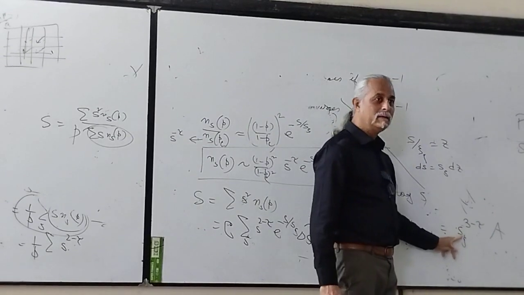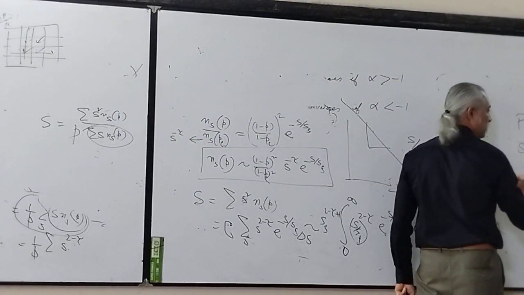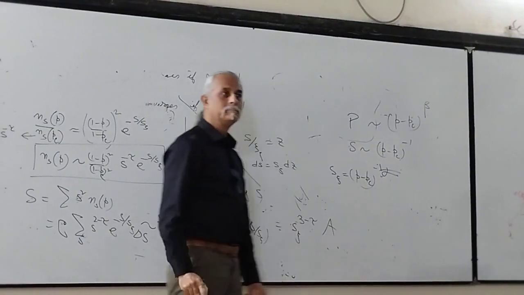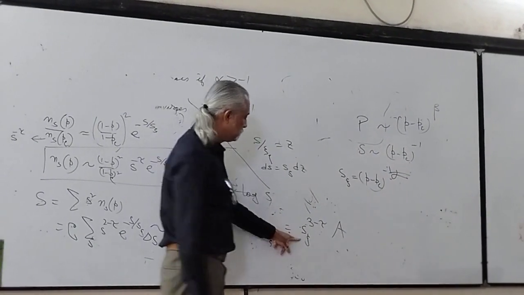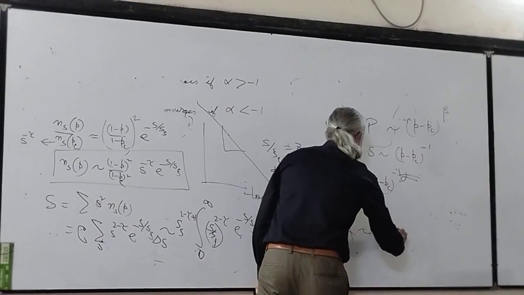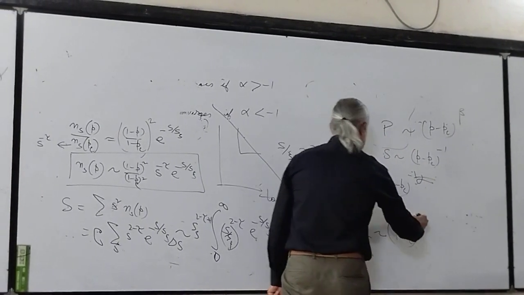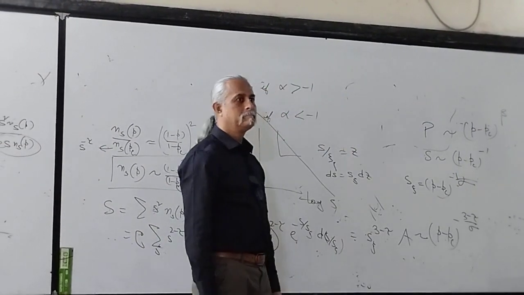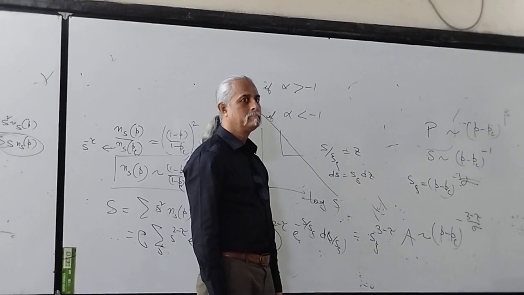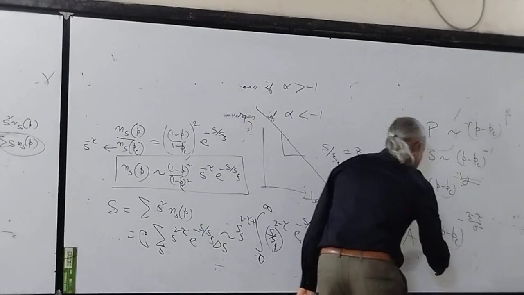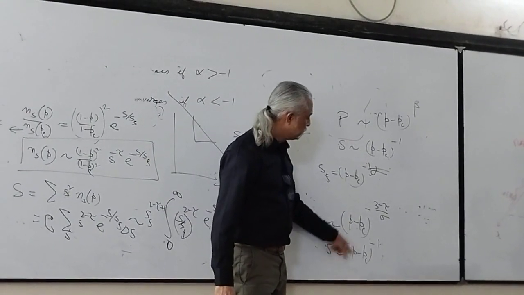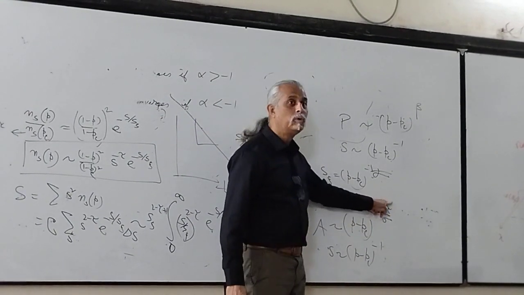And s is equal to p minus pc to the power minus 1 by sigma. So s equals p minus pc to the power minus (3 minus tau) by sigma. And we know s goes like p minus pc to the power minus 1 for bathylities. You match this, so this is equal to 1.